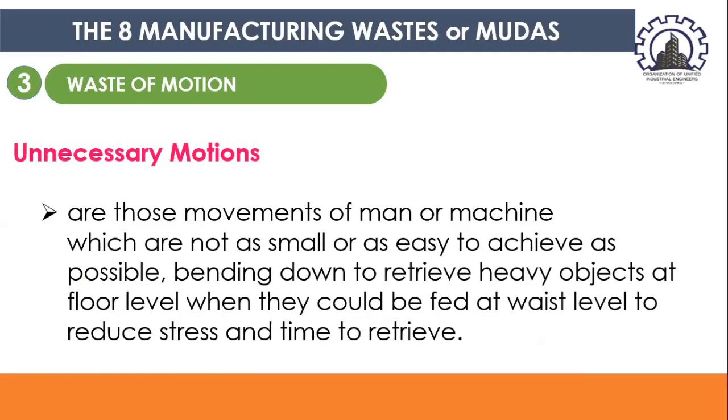Another example of manufacturing waste or muda that we need to eliminate or reduce is the waste of motion. Unnecessary motion refers to those movements of men or machines which are not as small or as easy to achieve as possible, such as bending down to retrieve heavy objects at floor level when they could be fed at waist level to reduce stress and time to retrieve.